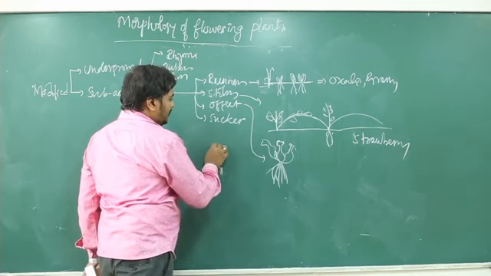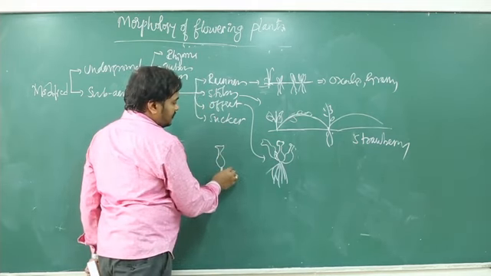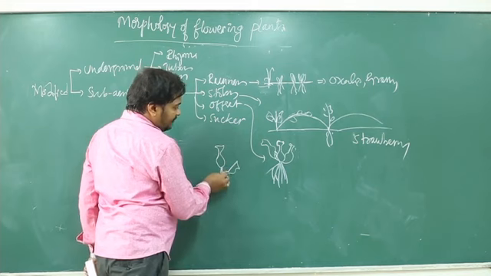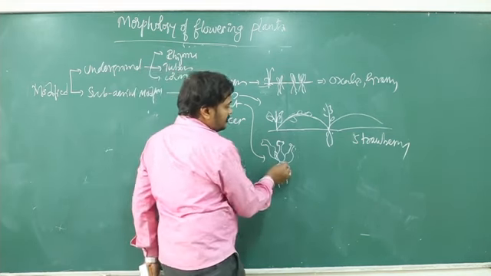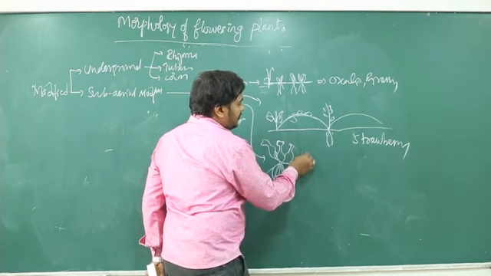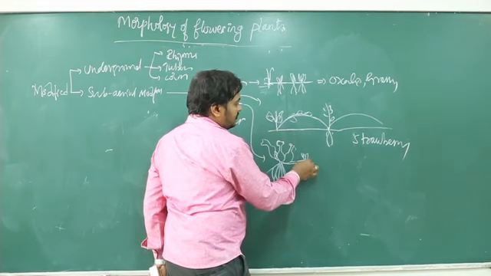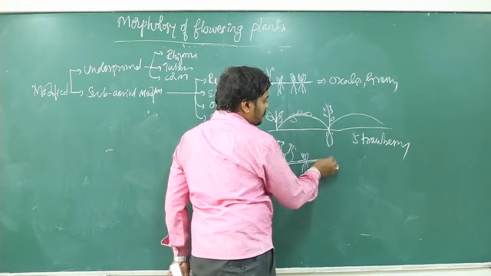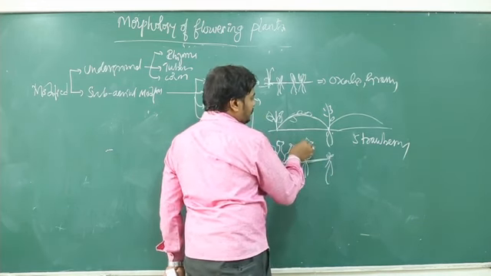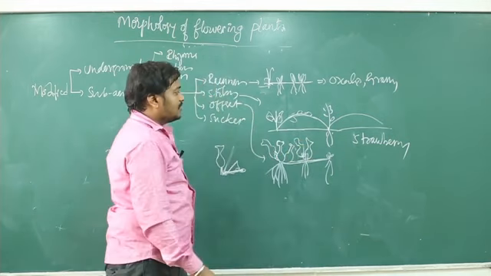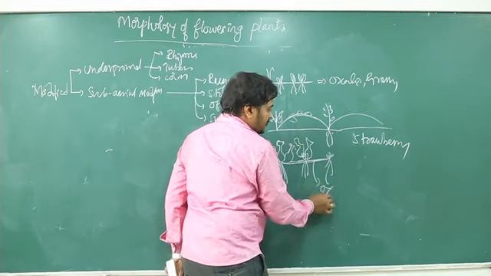In the axil of a leaf, instead of growing like this, it grows like this, and at the tip it carries small leaflets with roots. Then it further grows horizontally, and it produces leaves. So this structure is called an offset.